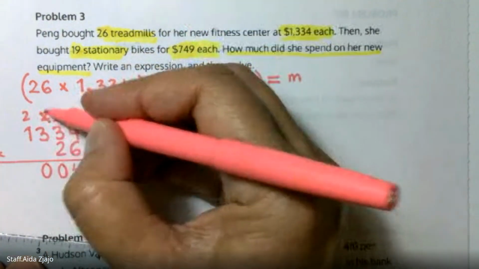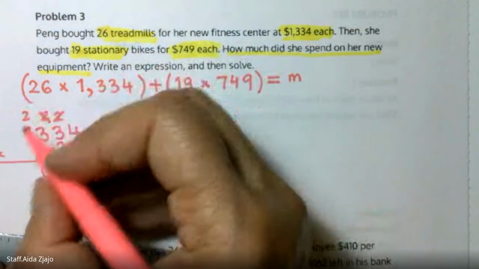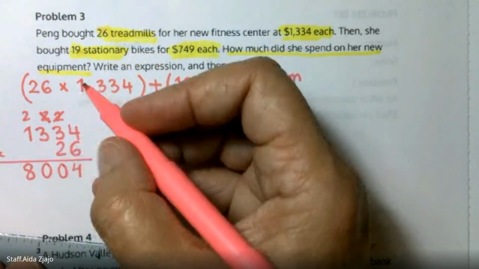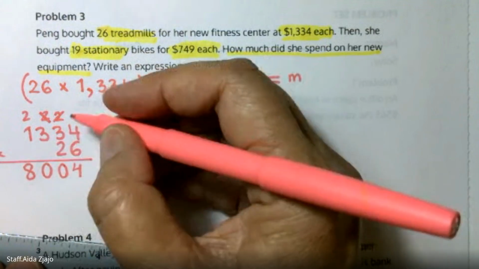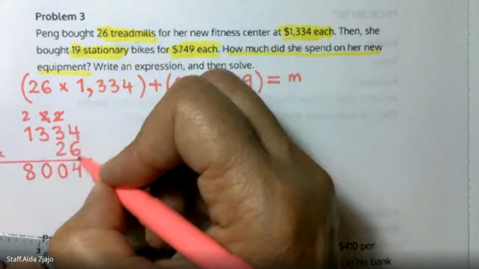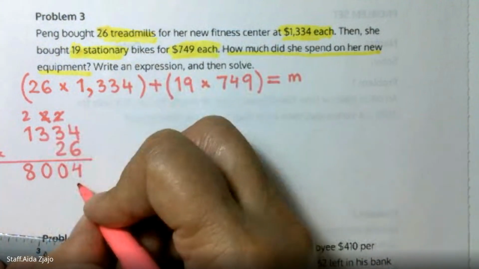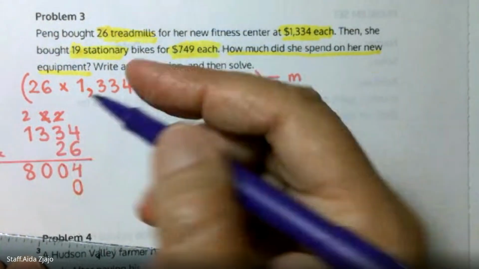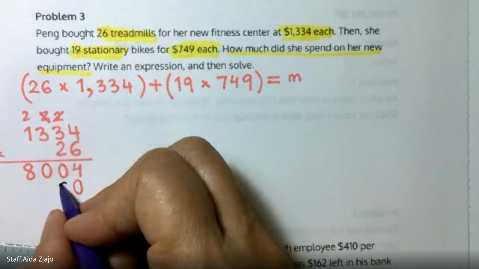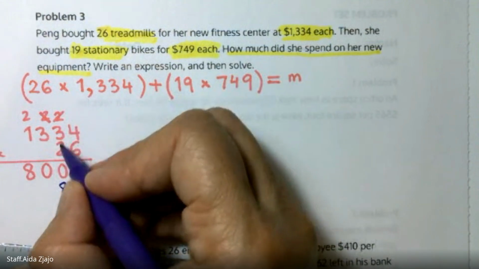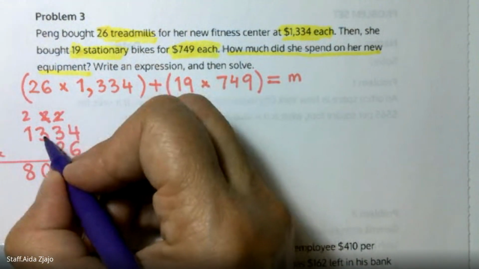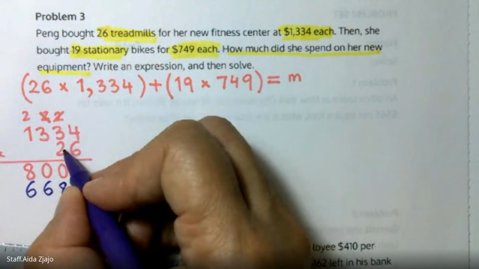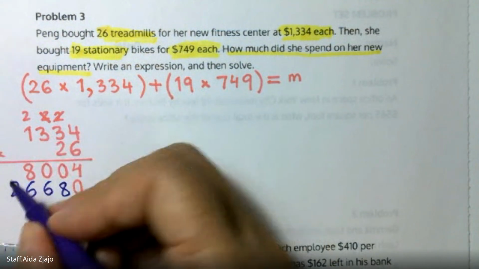Remember 2 again. 1 times 6 is 6, plus 2 is 8. So 6 times this number is 8,004. Now I'm done with ones. 2 times 4 is 8. 2 times 3 is 6. 2 times 3 is 6. And 2 times 1 is 2.